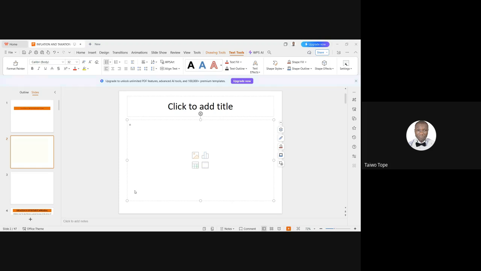When we talk about the straight line method, it's the method in which the same amount is charged yearly throughout the project's lifespan.